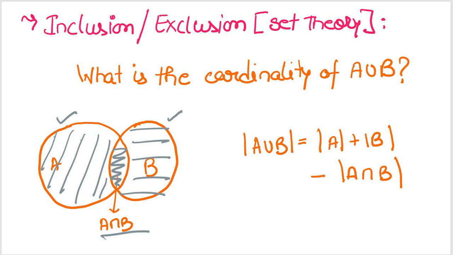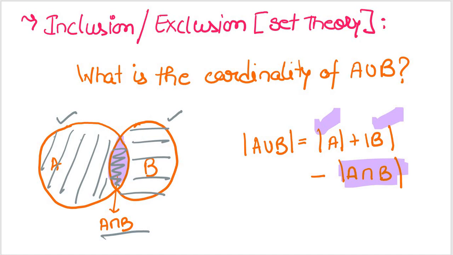Why are we doing this? Because the number of elements here are added in this part and in this part, so twice they are added. Now I am subtracting it once with the help of this intersection, which gives me the cardinality of the common elements. I hope it makes sense.